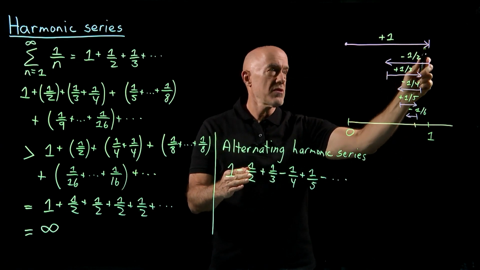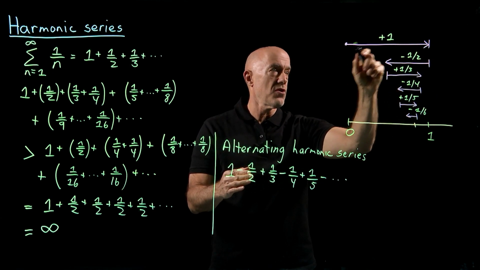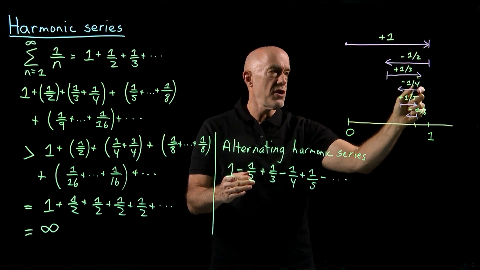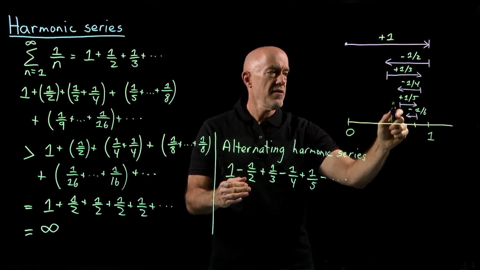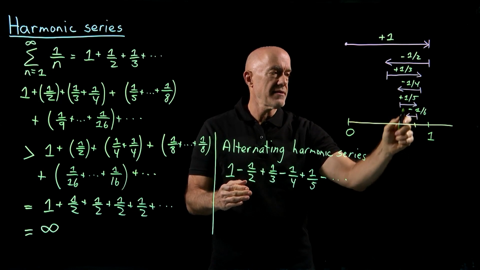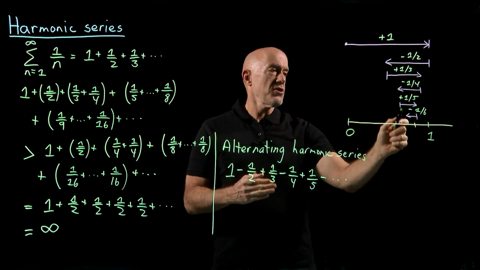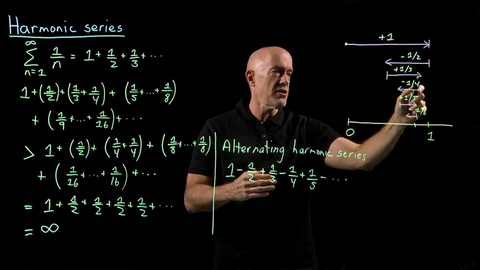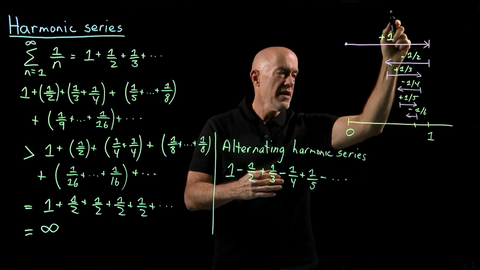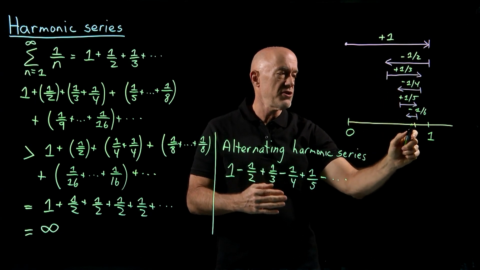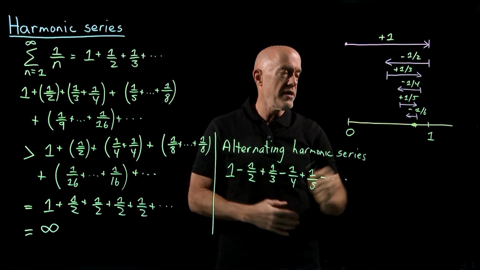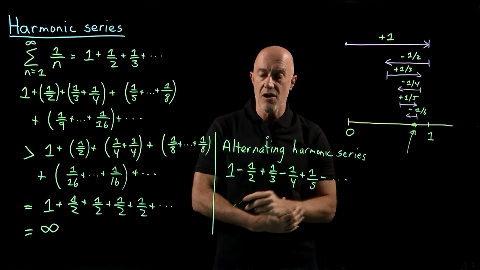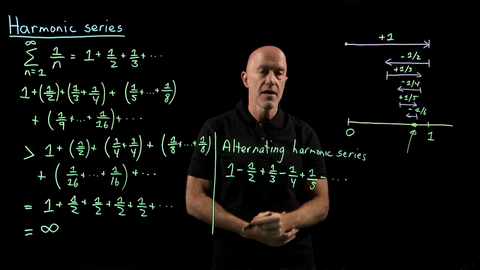And then we go back a half. So we go forward 1, back a half, forward a third, back a quarter, forward a fifth, back a sixth, etc. So you see that we're moving larger, smaller, larger, smaller, larger, smaller. And eventually we're going to converge to some point here. And that's why the alternating harmonic series converges.